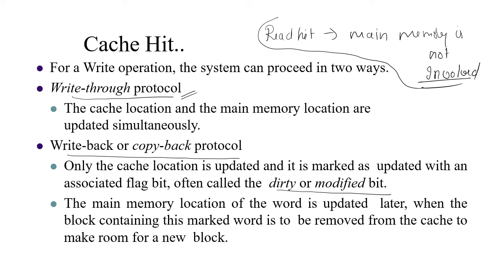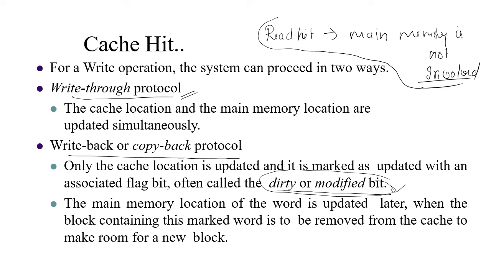It will not be replicated in the main memory. It will be updated only in the cache memory, and it will be associated with the flag bit, which is called the dirty or modified bit.